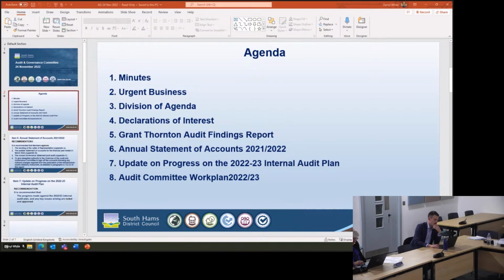The next few pages set out the work we've undertaken on key estimates, judgments, etc. Then page 19 discusses briefly the infrastructure asset point that we've already had some discussion on. The next few pages set out our other requirements and responsibilities. One of the things that will come in front of the committee on the next agenda item is the letter of representation.